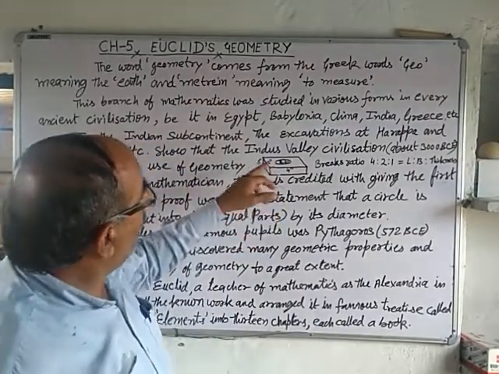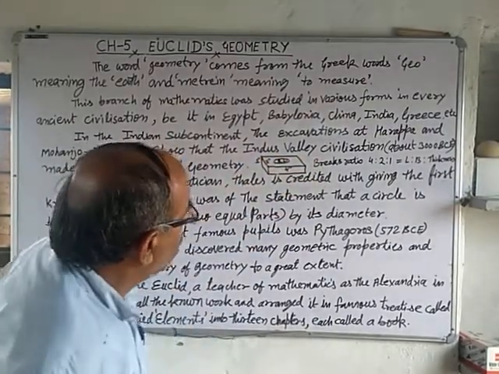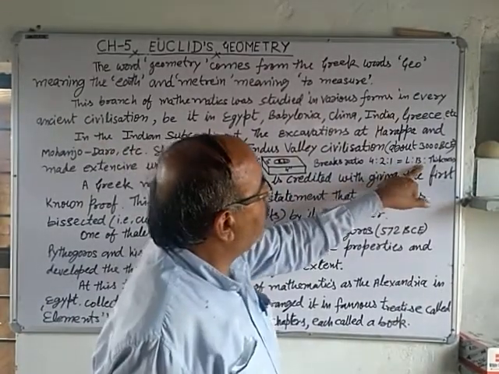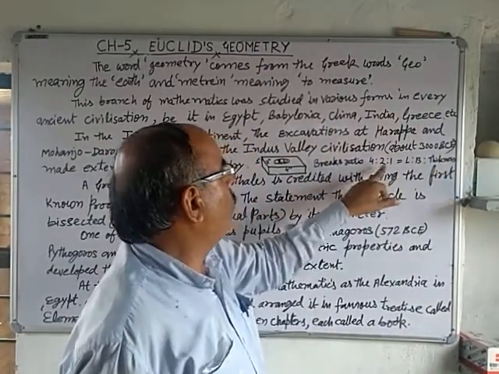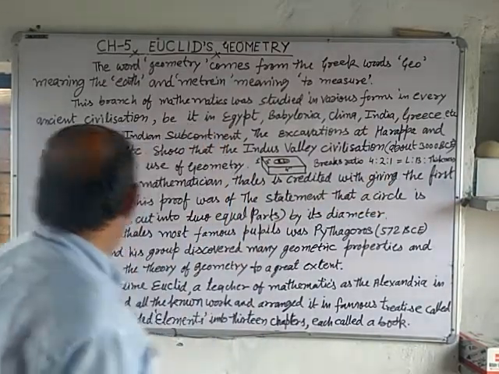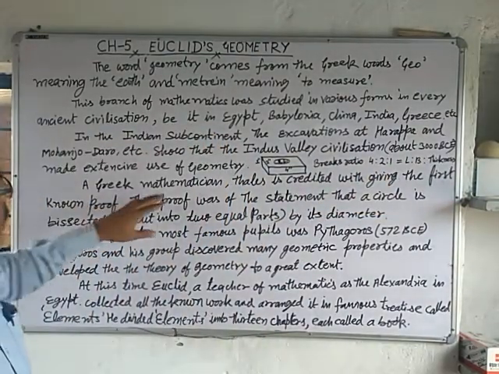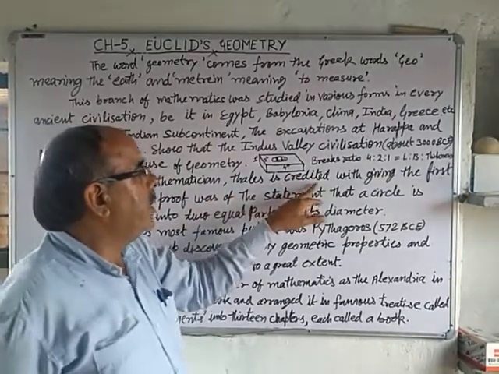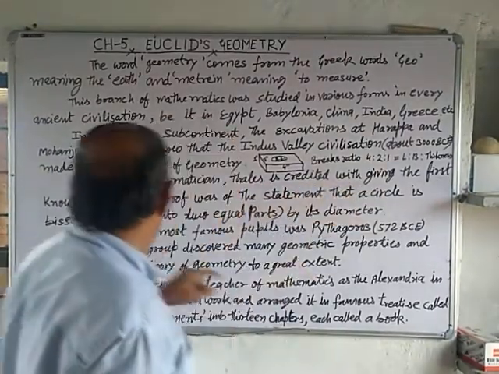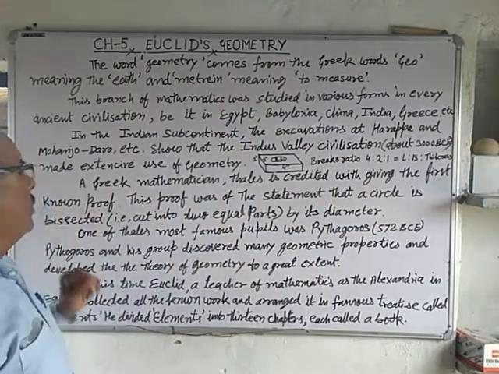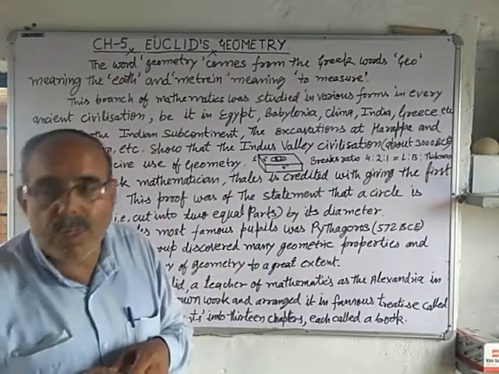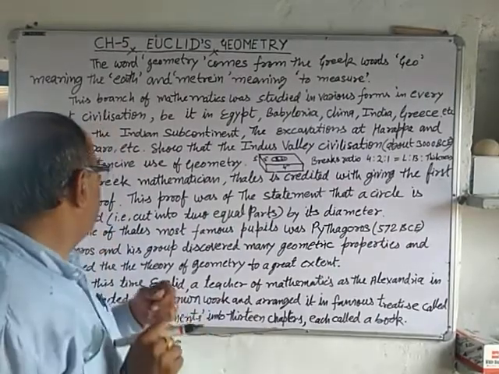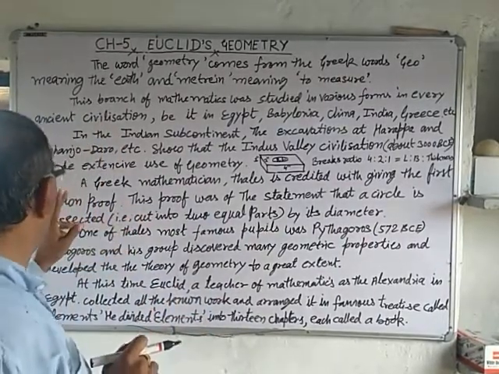In the time of the Indus Valley civilization, length, breadth and thickness were 4:2:1. A Greek mathematician, Thales, is credited with giving the first known proof. What is the proof? He gave the proof of geometry.